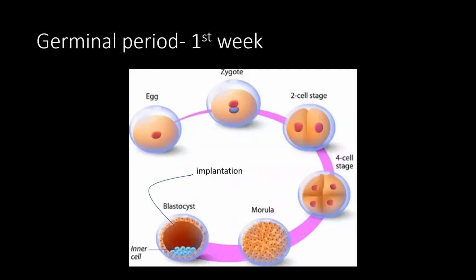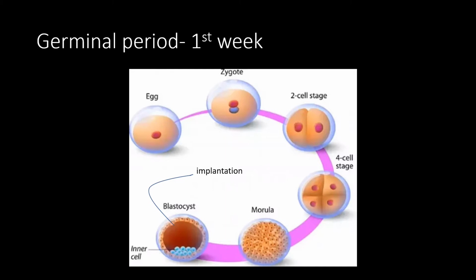First we will see the germinal period. It extends from the first week to the third week of development of the embryo, that is, from fertilization up to 3 weeks.